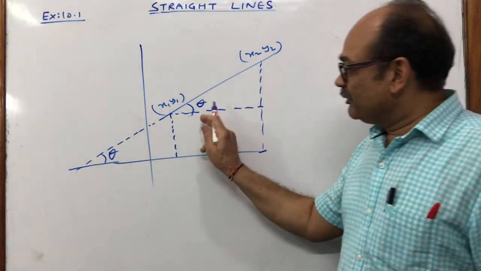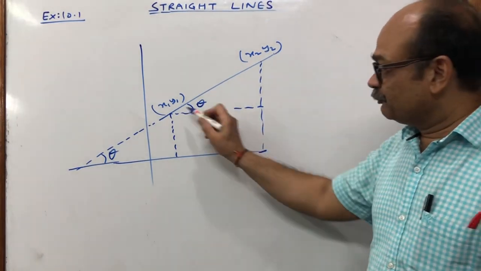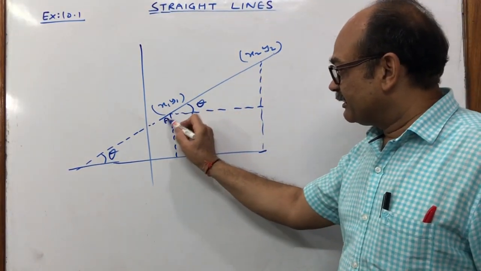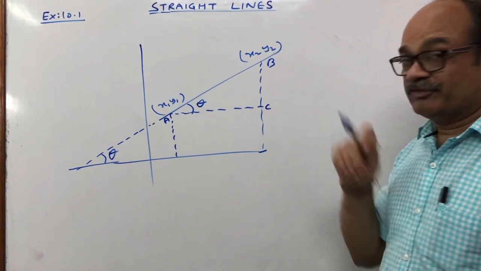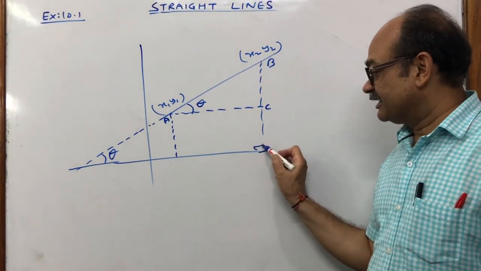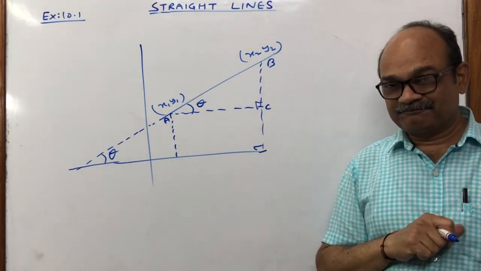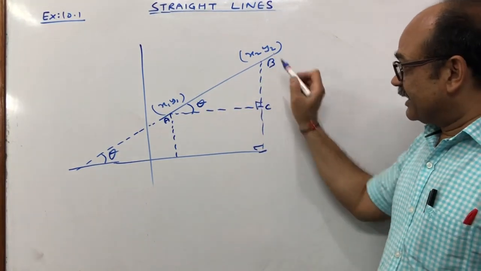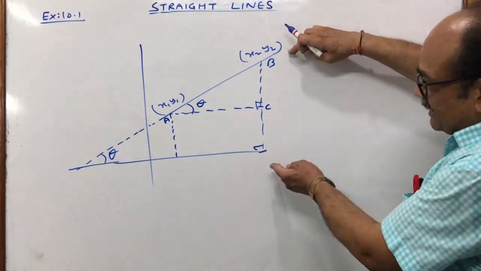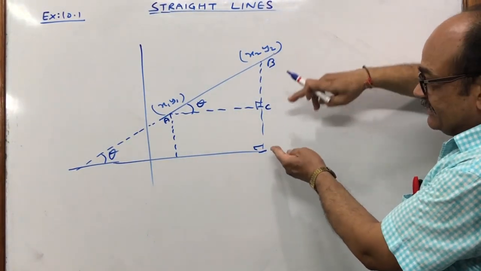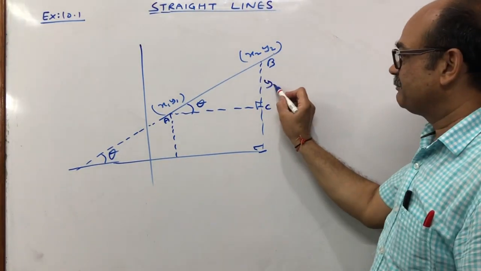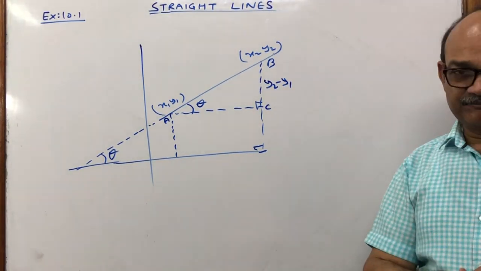Now we want to calculate tan theta, and you know from trigonometry in a triangle ABC how we calculate tan theta. This angle is 90, so this angle is also 90. Now tan theta of this line, this height is nothing but y2 and this height is y1, so gap is y2 minus y1.